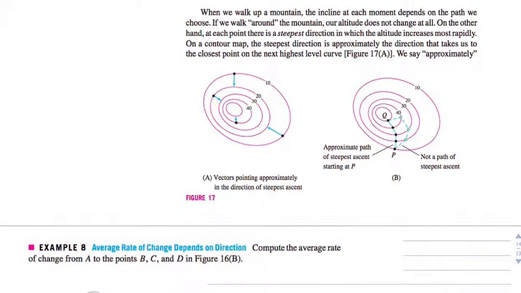So on a contour map, the steepness direction is approximately the direction that takes us to the closest point on the next highest level curve. So figure 17a, we say approximately. So vectors pointing approximately in the direction of the steepest ascent. An approximate path of steepest ascent starting at P. Okay, that's fine.